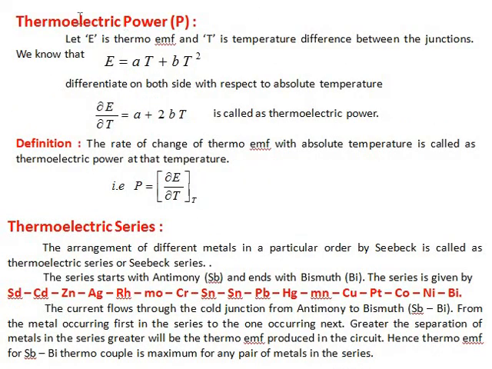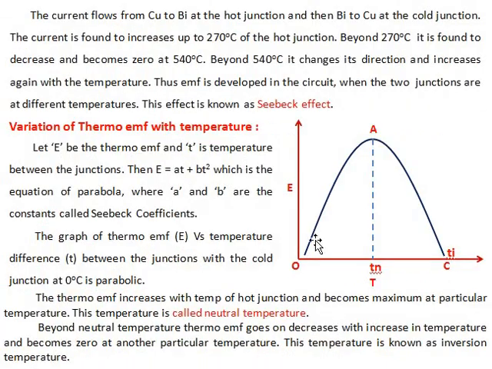Next, thermoelectric power. Let E be the thermo EMF and T the temperature difference between the junctions. Then we know that E is equal to AT plus BT square. So this is the relation of a parabola, dear students, showing how thermo EMF behaves in a thermocouple.